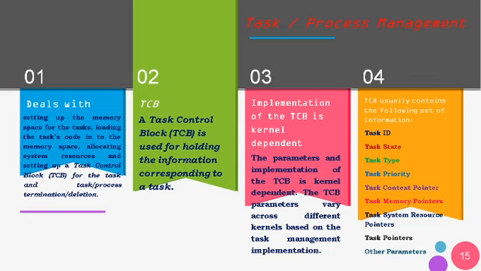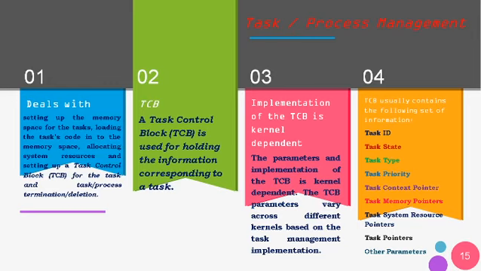A TCB, a task control block, is used for holding the information corresponding to a task. The parameters and implementation of the TCB are kernel dependent. The task control block parameters vary across different kernels based on the task management implementation.